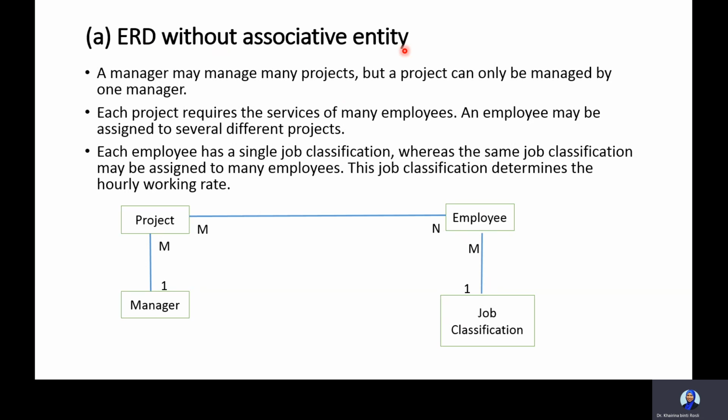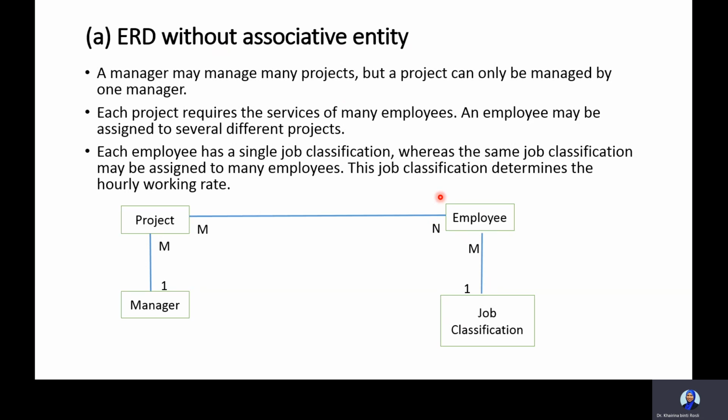Remember, what is an associative entity that I explained to you in the previous video? Yes, an associative entity occurs between a many to many relationship. In a many to many relationship, we will change it into one to many relationships by adding the associative entity.